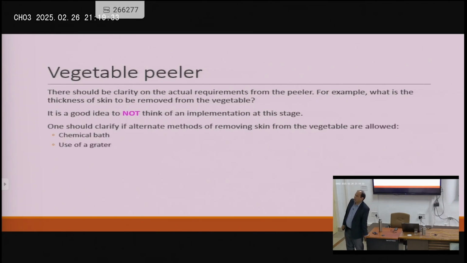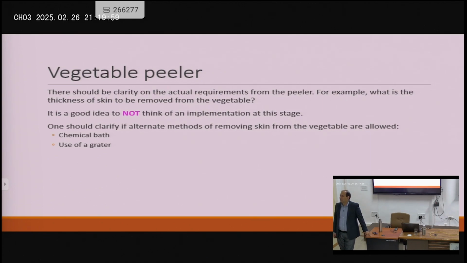Okay? So again, these things have come up in the class when I've taught this class before, that one should clarify if alternate methods of removing skin from the vegetable are allowed. For example, chemical bath. Somebody says, why should we peel? We should drop it in, I don't know, hydrochloric acid or some other chemical, and then it'll burn the skin off.